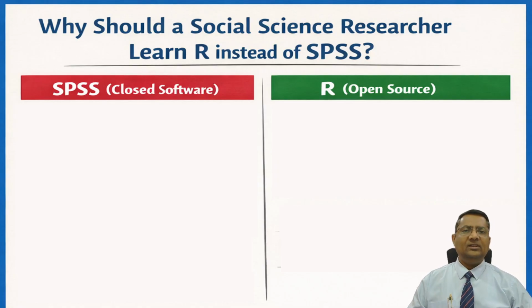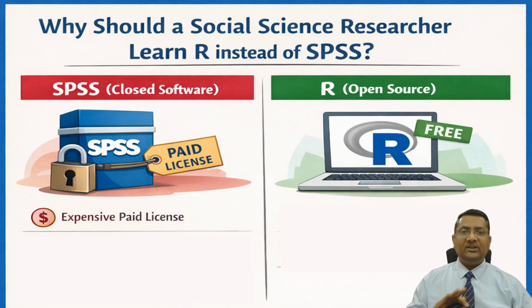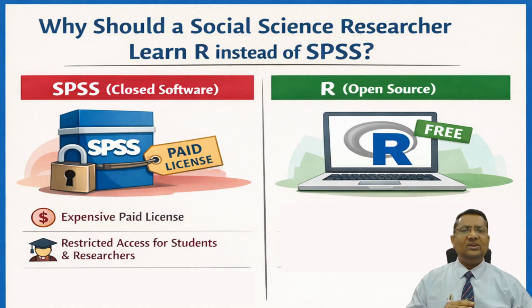Another difference between SPSS and R is that using SPSS requires a paid license, and this is a major difference. But R is completely free, no license is required. SPSS being a licensed software has limitations. Free access for the student or the researcher is not available.